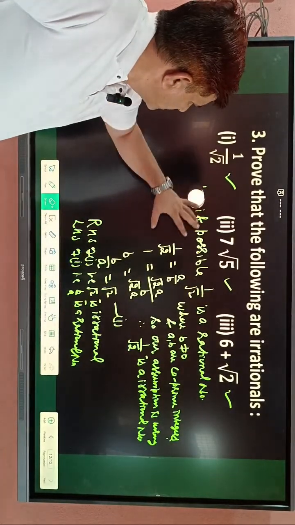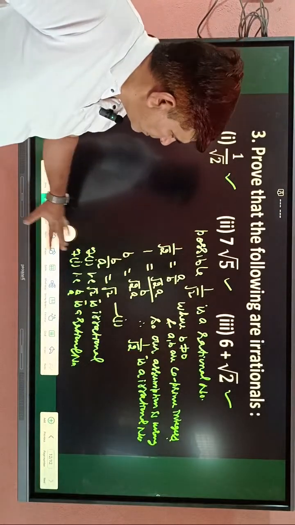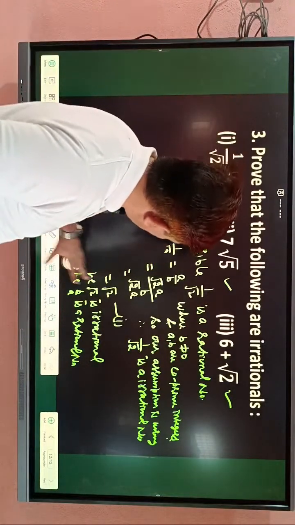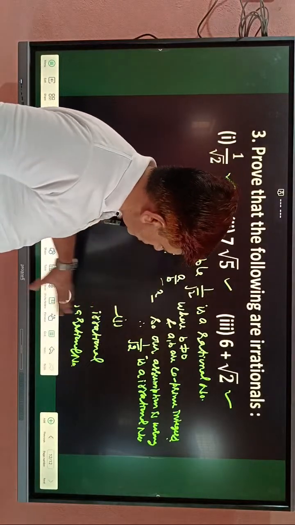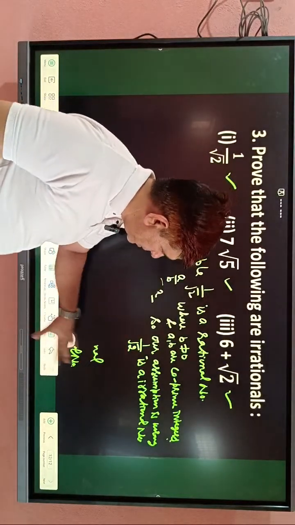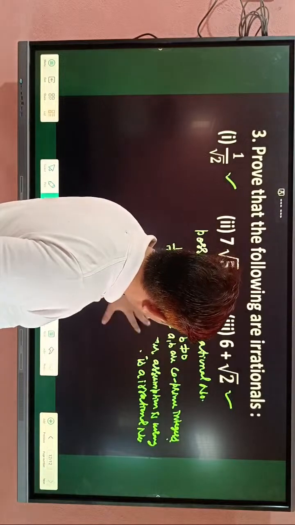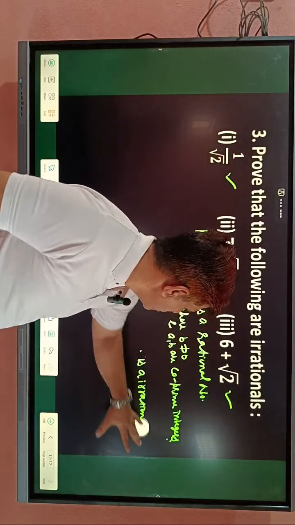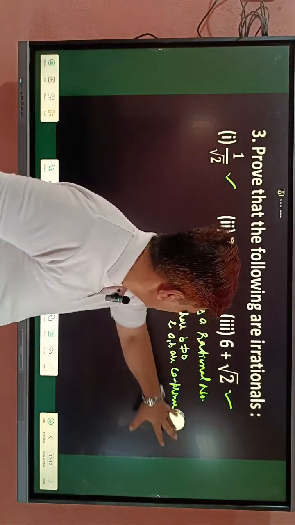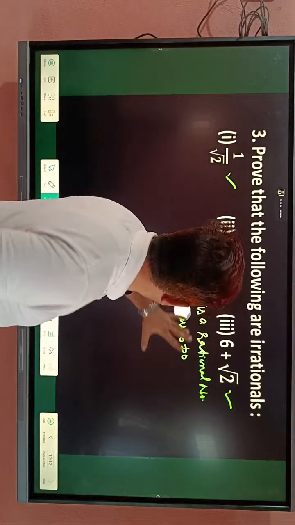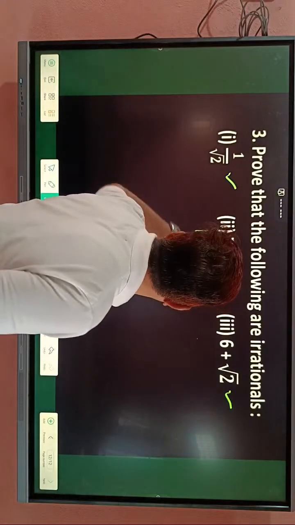Erasing this. Second part, what is it saying? You have to prove 7 root 5 is an irrational number. You know that root 7 is irrational. So the rule is also, rational into irrational is always irrational.